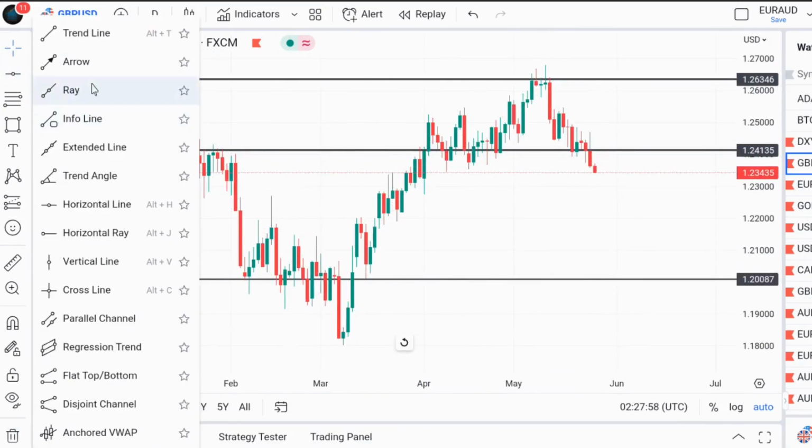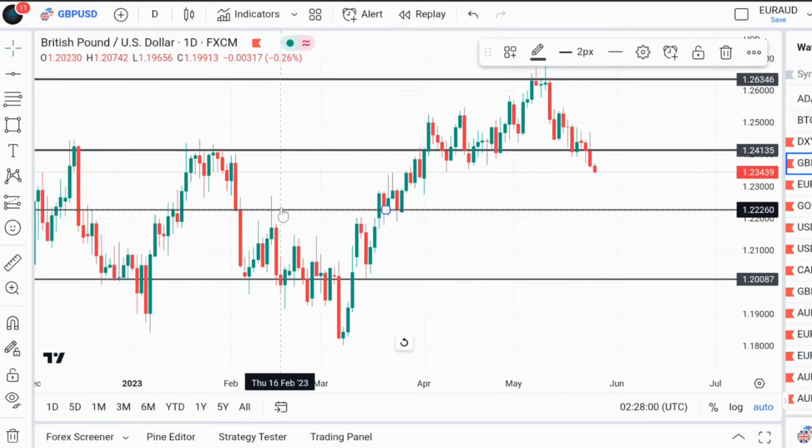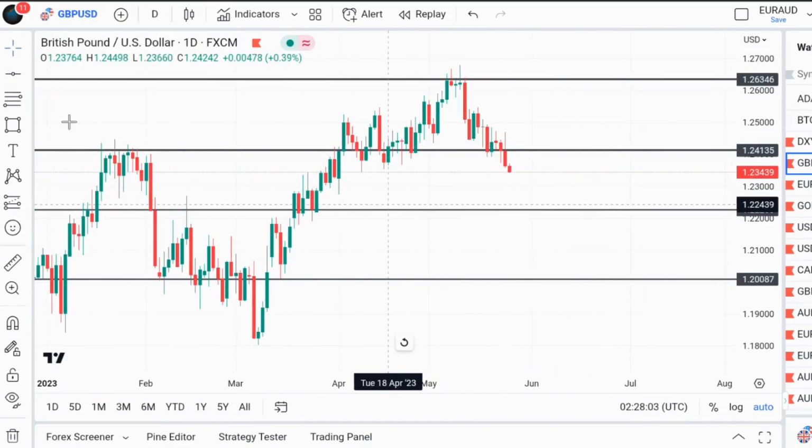So you might have like two levels right there. First one is this place. So eventually it might create a lower high, then a lower low to 1.22260. Then if you break this level, then we are coming to 1.20087.